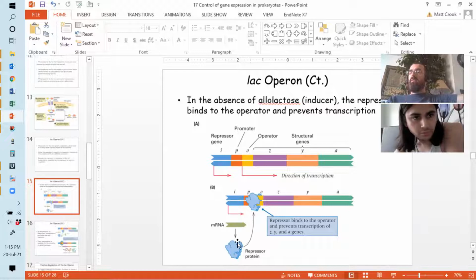And lac I, the repressor protein, does that, and that's shown here. Lac I does that by binding to the operator and preventing RNA polymerase from getting in there.